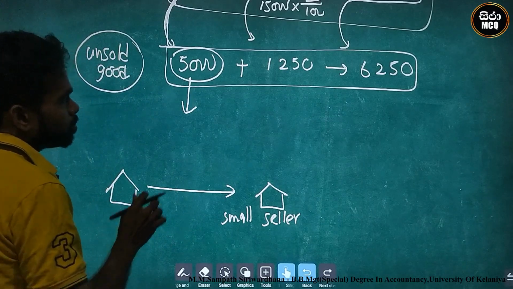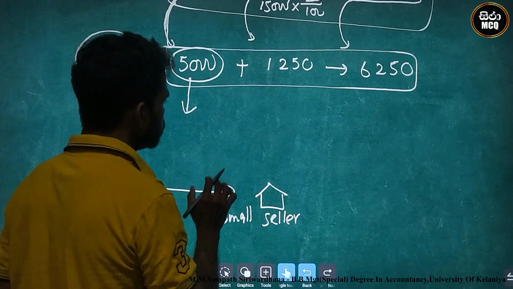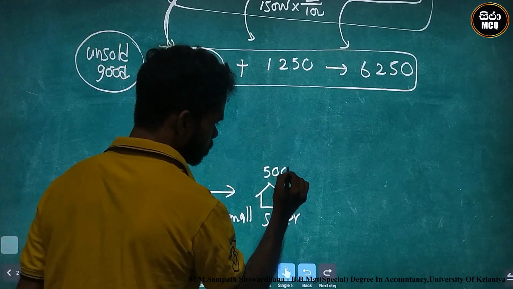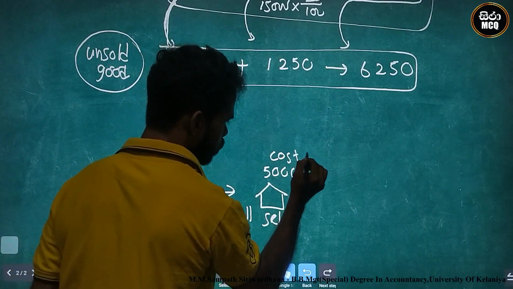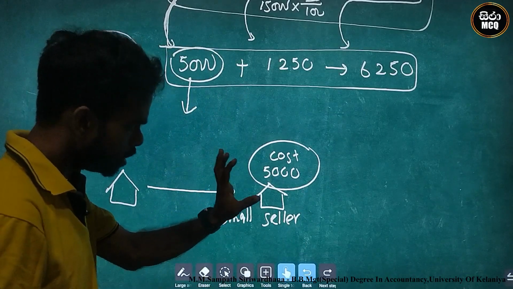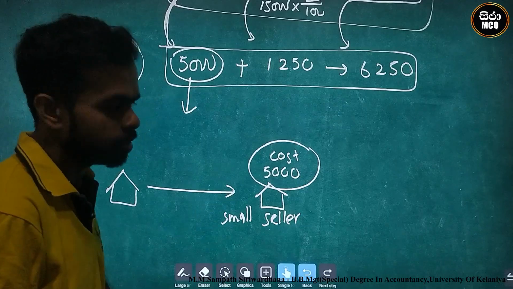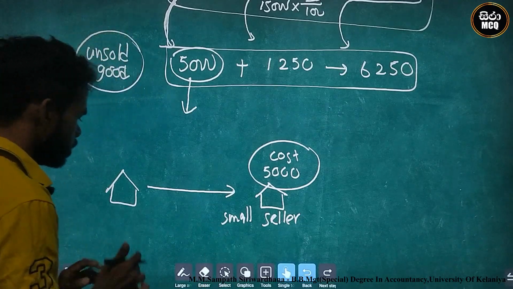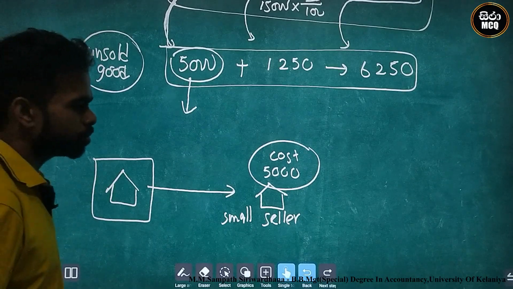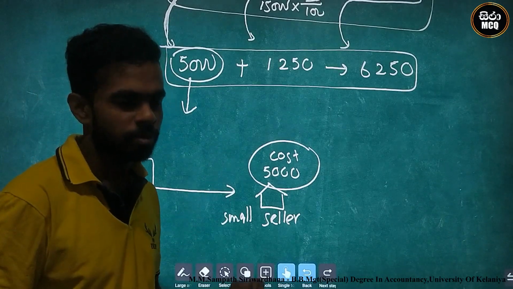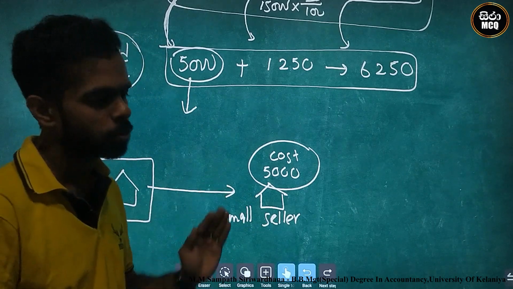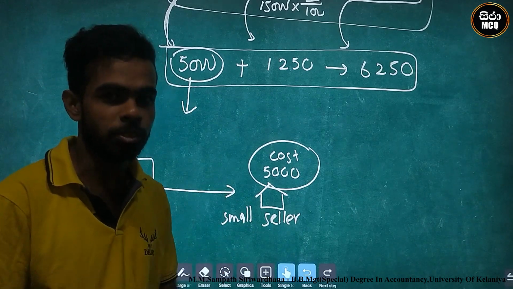In that case, we issued some goods, but 5,000 cost of goods is unsold. Therefore, these goods are in the small seller's business. But we must identify them in our stock. Why are these goods our stocks?